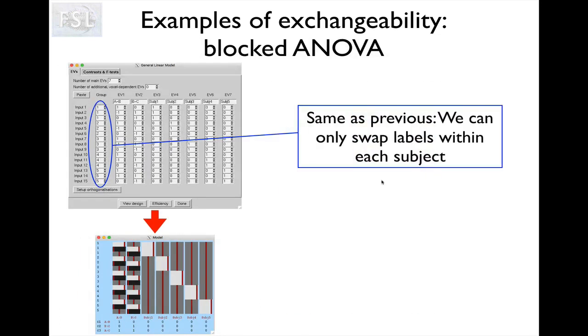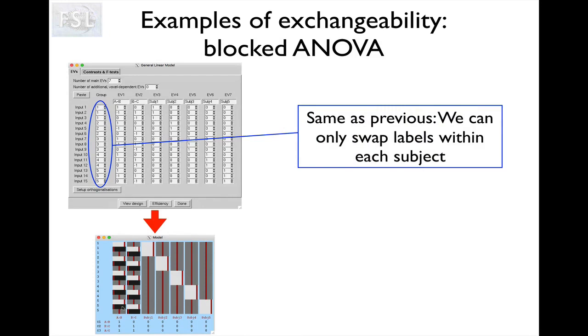Now, blocked ANOVA, again, I'm sure this is something that you've seen in the previous talk. Now what we have is 5 subjects. Each of these subjects has been scanned in 3 conditions.